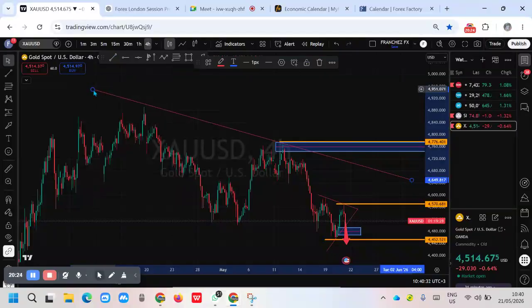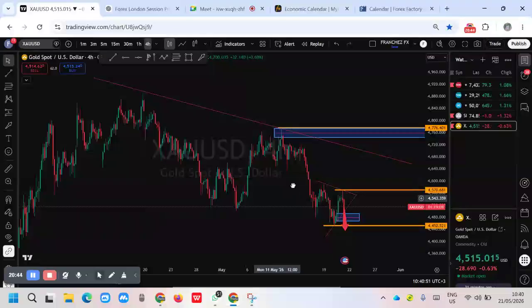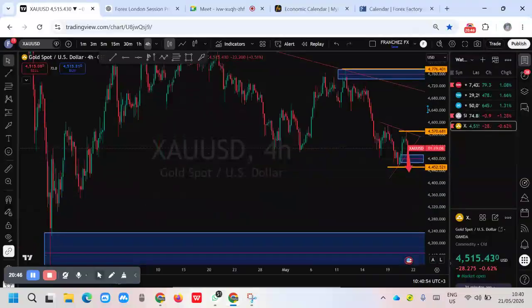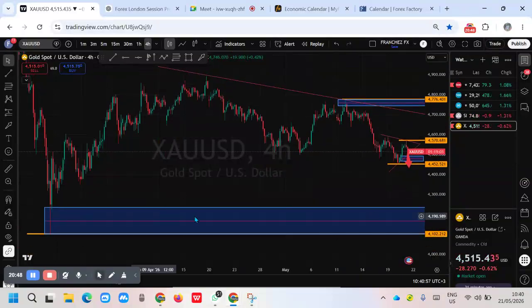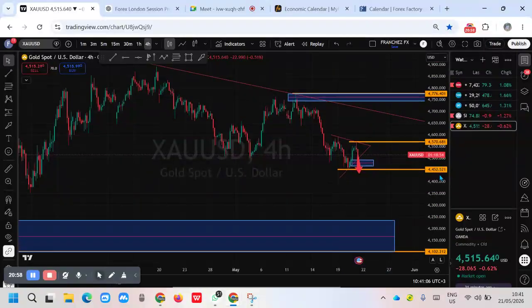So what do we expect? We expect a continuity on a downtrend. We expect this market to break these lows. So let me remove all these dirty things.